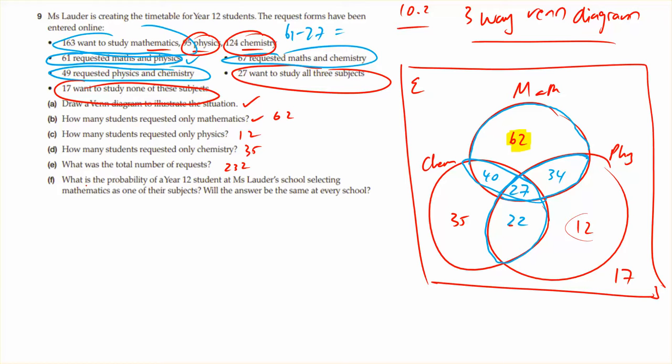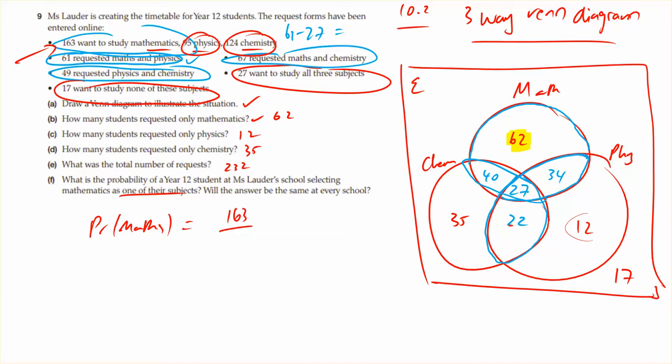Okay, and question F. What's the probability that a Year 12 student in Miss Lauder's class selects maths as one of their subjects? So probability of maths is equal to, how many people study maths again? 163 want to study maths, because it's given in the question, out of the total.